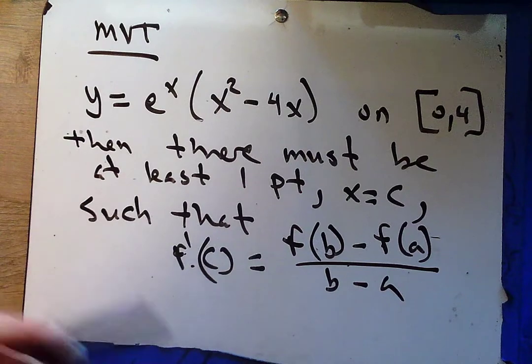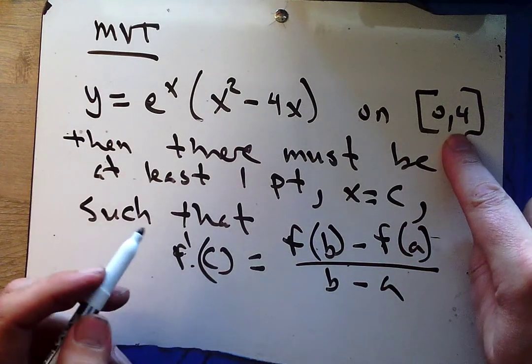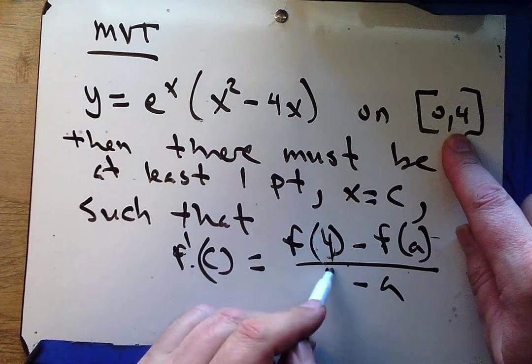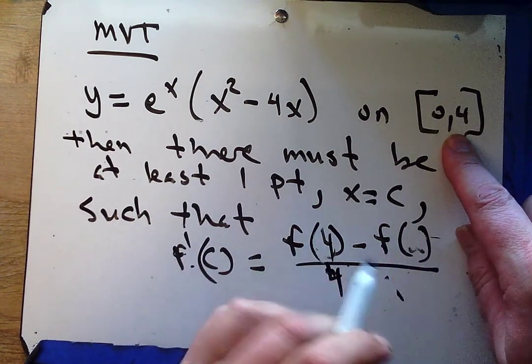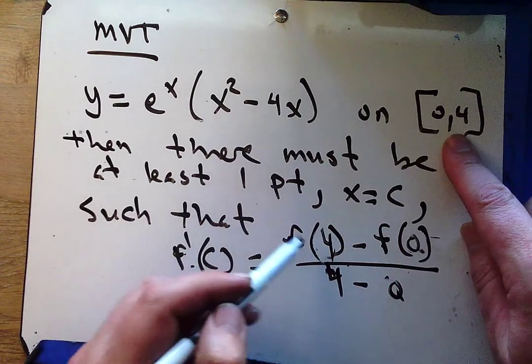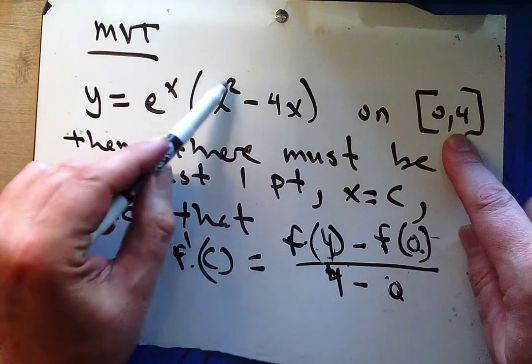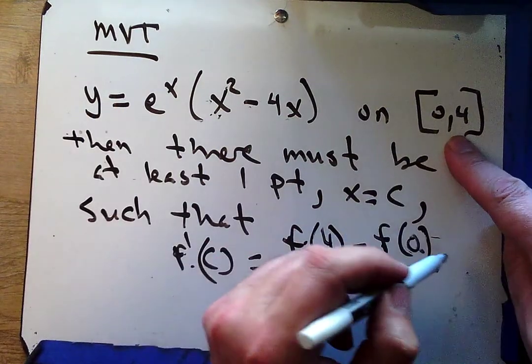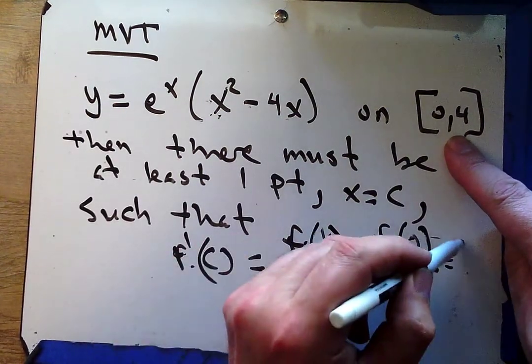Okay, so I need the derivative and I need the average rate of change. Since I've already erased the derivative and have to do it again, let's find the average rate of change while we're here. So these are going to be 4s, and these are going to be 0s. F of 4, that's 0, right? Because 0 times e to the 4th is 0. Okay, so 0.